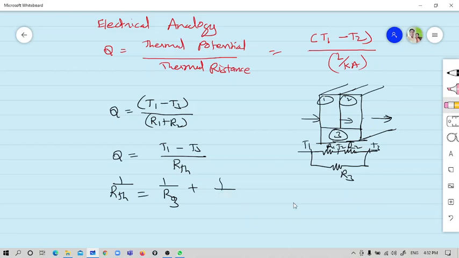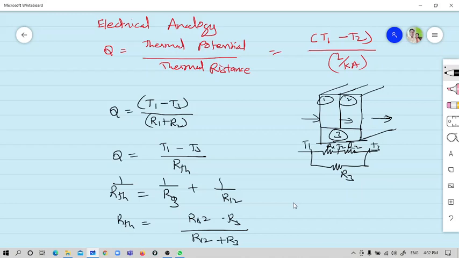Okay. So let us write this as R12. Okay. This is how you will have to find out. Therefore, RTH will be equal to how much now? Sorry, R12 into R3 divided by R12 plus R3. It will be something like this, isn't it?